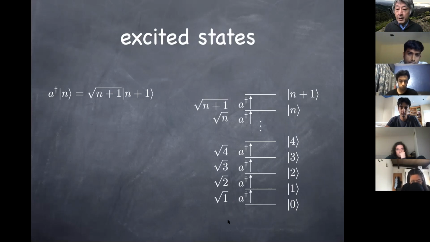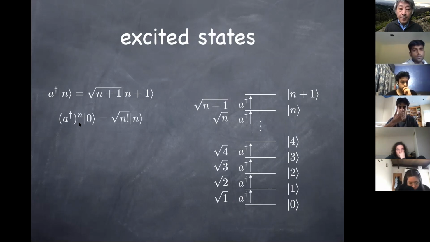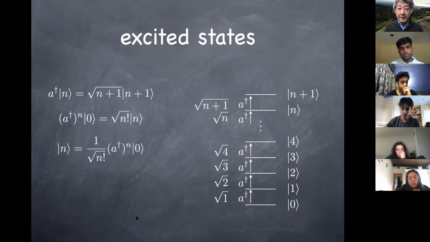They all multiply together to give you n factorial inside the square root. So then you know what exactly this n ket is. Once you know this ground state, you just multiply the a dagger operator n times to obtain this n ket, up to the normalization factor of square root n factorial.